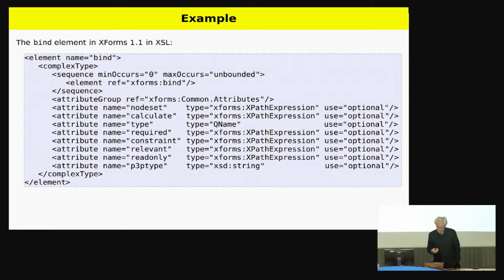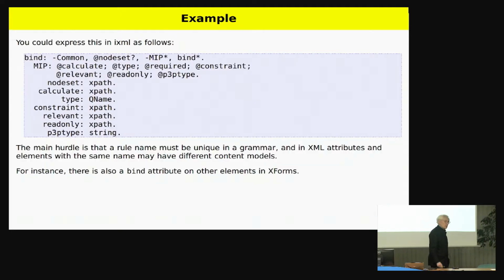It can have a number of children, which is 0 or more bind elements as children, and then it's got a whole bunch of attributes, an attribute group, and then a number of individual attributes. Well, I can just represent this straight away in ixml, and it's actually shorter, and I would claim actually easier to read into the bargain as well.